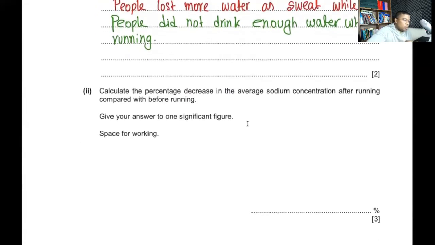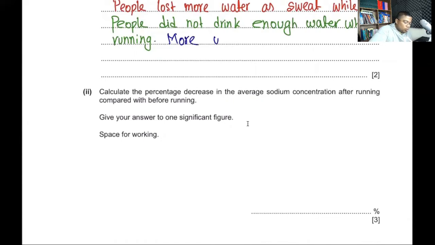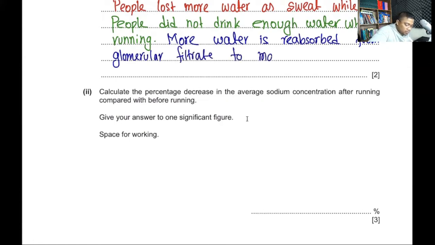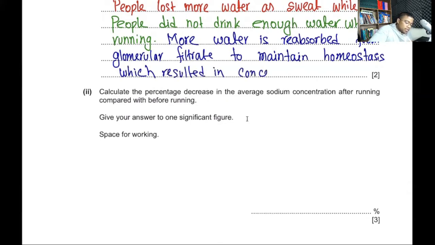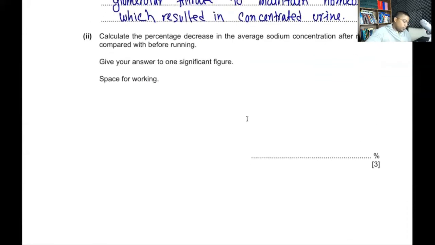Finally, more water is reabsorbed from glomerular filtrate to maintain homeostasis, which resulted in concentrated urine and smaller volume of urine.